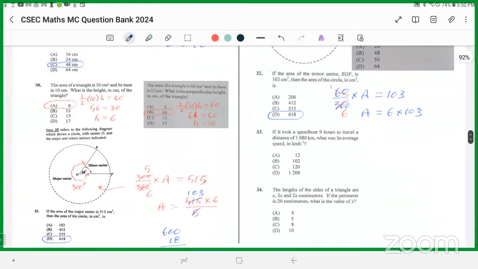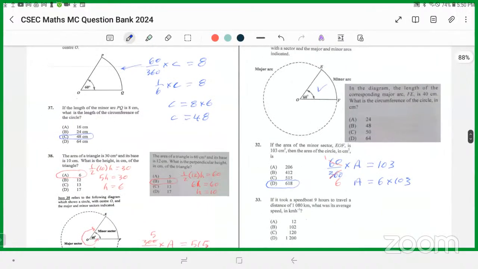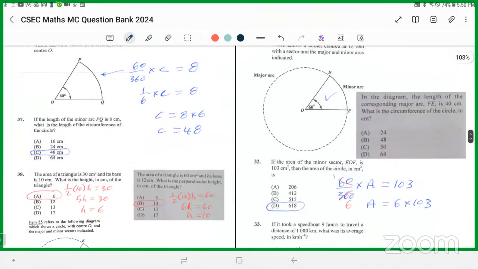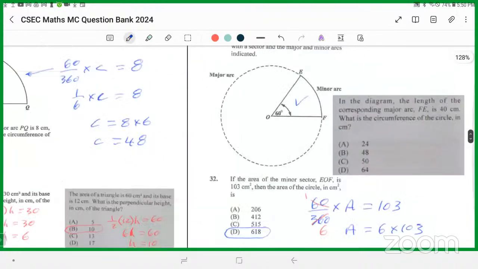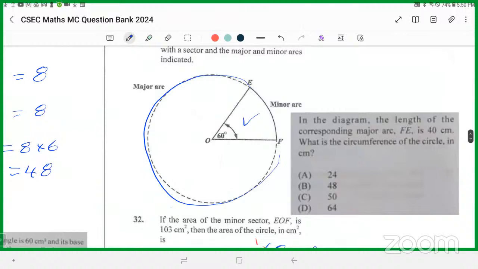All right, but for the same circle now, they give us some other information. It says, in the diagram, the length of the corresponding major arc, FE, is 40. That's over here now. The major arc, which is subtended by this major sector angle, which is 300 degrees.